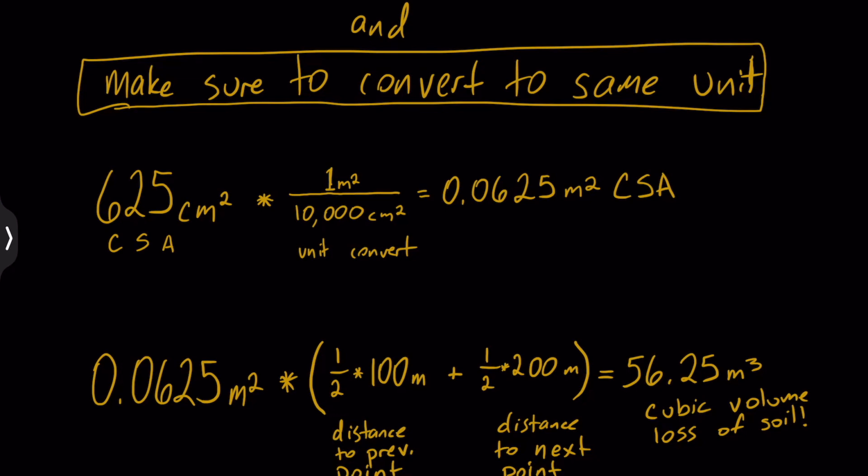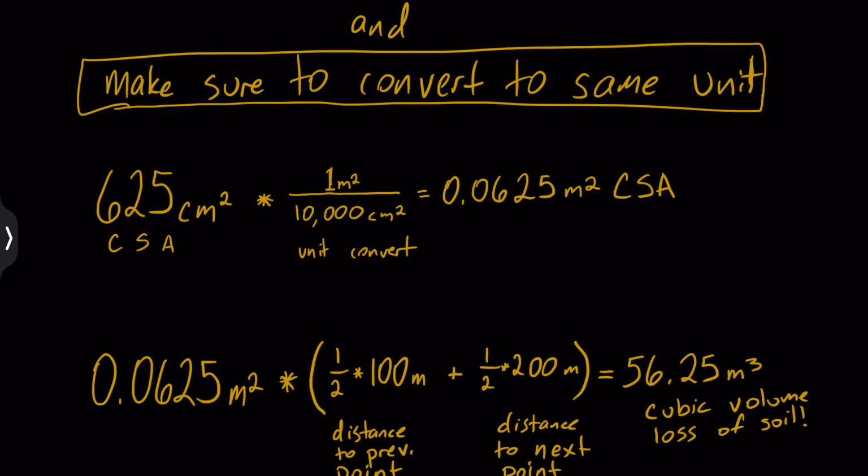Okay? So again, a pretty small area, but we then multiply that fairly small area, that 6/100ths of a square meter, 6.25% of 1 square meter, times half the distance from the previous point at 100 meters, so 50 meters, and 1/2 of the distance to the next point, hypothetically, let's call it 200 meters.